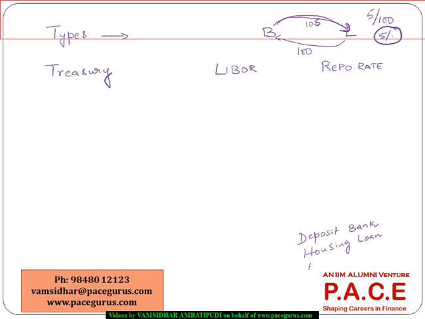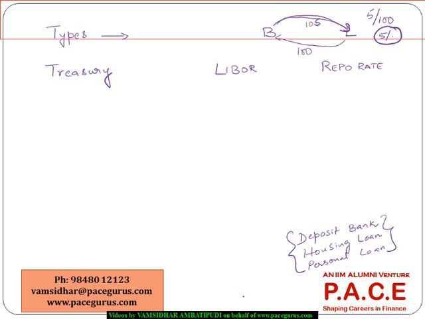If I am taking a personal loan, the interest rate could be different. The definition is still the same: there is a borrowing and a lending in the process, and an additional amount which the borrower agrees to pay to the lender for taking the capital, for taking the loan.